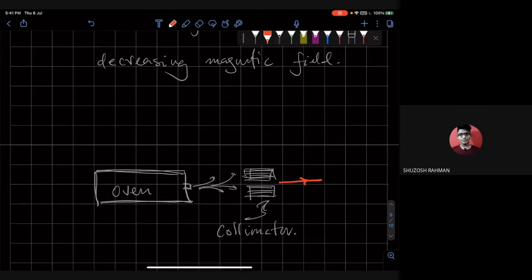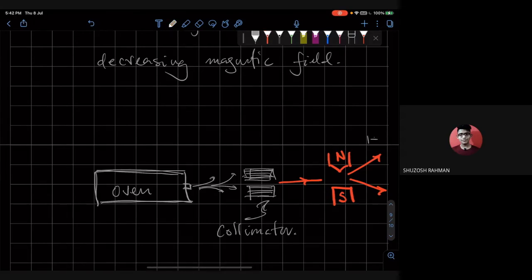Then it comes across this Stern-Gerlach magnet. This is the North Pole and this is the South Pole. The particles in the spin up state get pulled up in that direction, and the particles in the spin down state get pulled down in that direction.